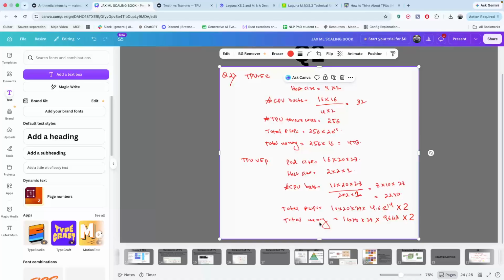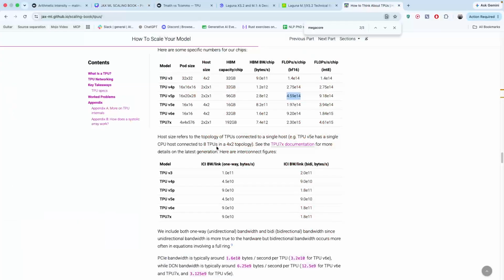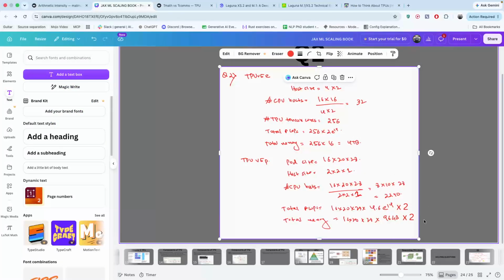Similarly, for total memory, we have the pod size, and each chip has two tensor cores, hence we multiply by 2. And if I go back again here, this has an HBM capacity of 96 gigabytes. So this was just analyzing the TPU V5E and TPU V5P architectures.